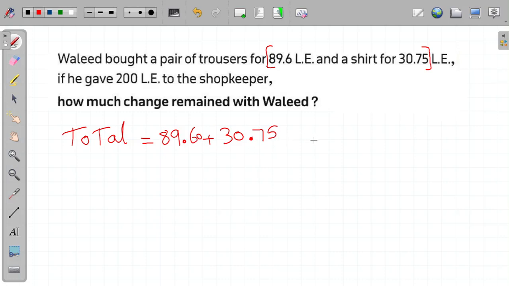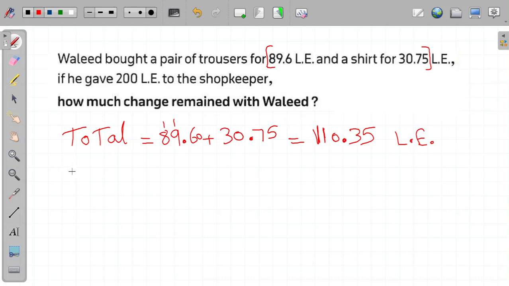So 0 plus 5 equals 5. 6 plus 7 equals 13, so I will put 3 and carry 1. 1 plus 9 equals 10. 10 plus 0 equals 10, so I will put the decimal point first and I will put 0 and carry 1. 1 plus 8 equals 9. 9 plus 3 equals 11, so it will be 110.35 pounds.